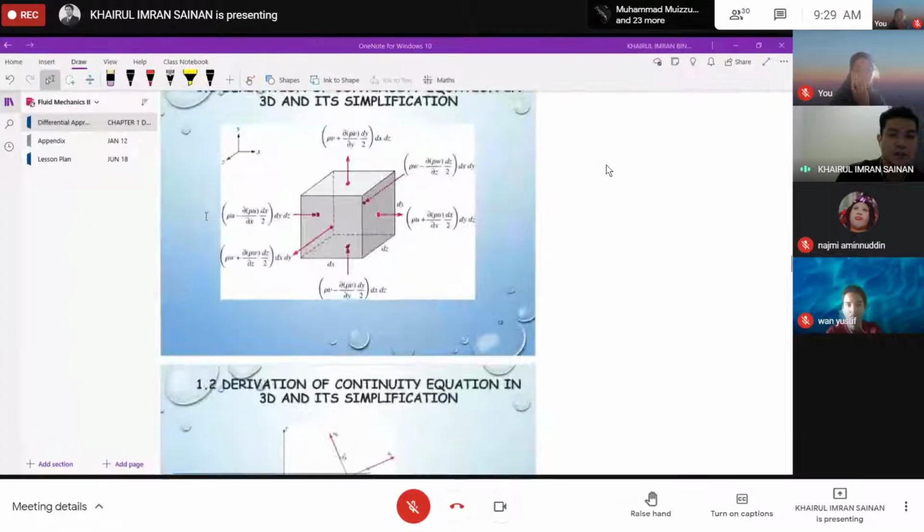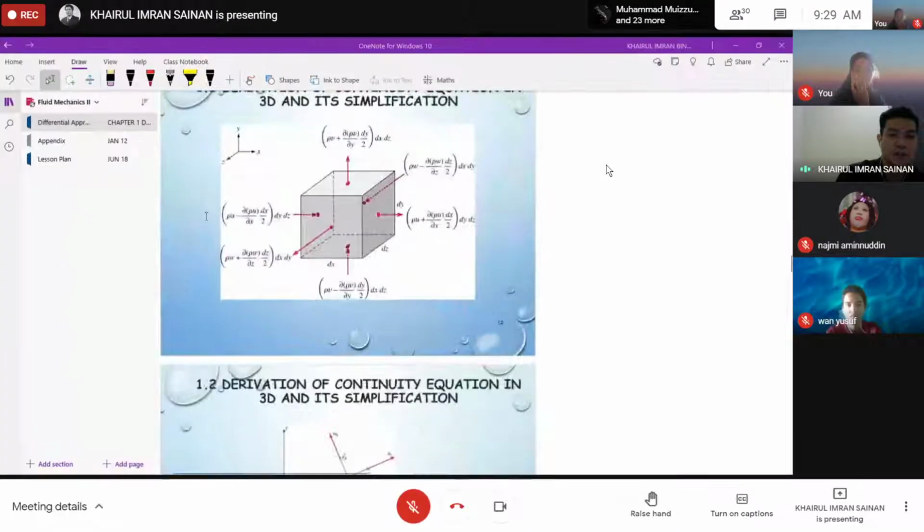So recap back. So you have chapter 1.1. What have you learned in chapter 1.1? Local acceleration, convective acceleration, velocity field, correct?